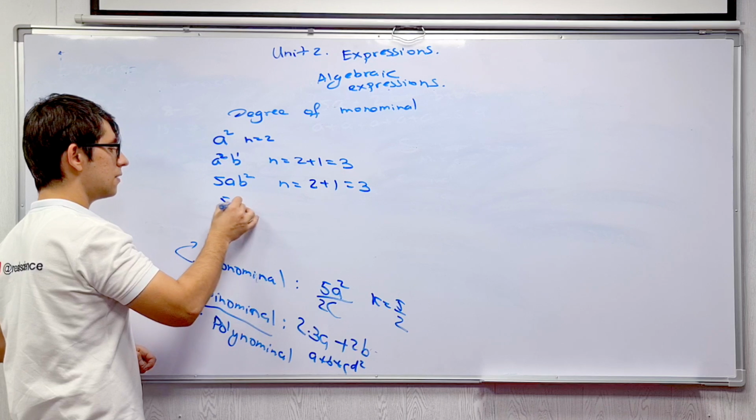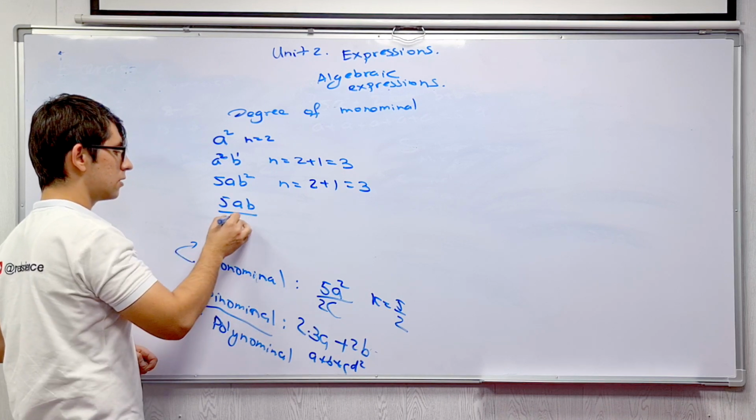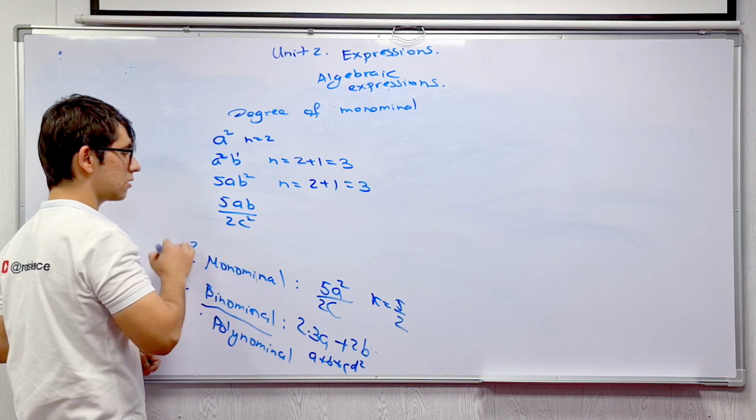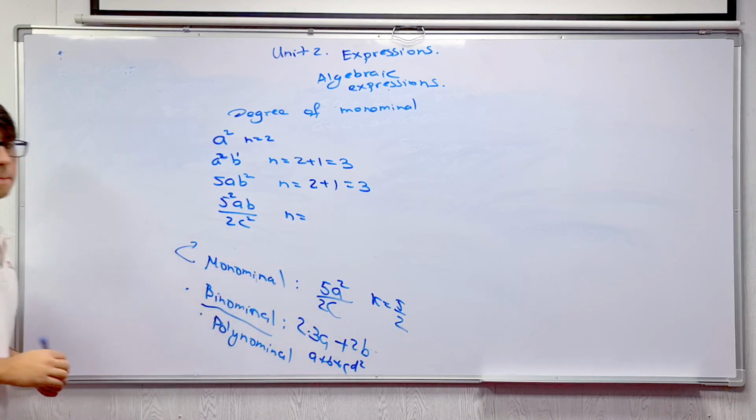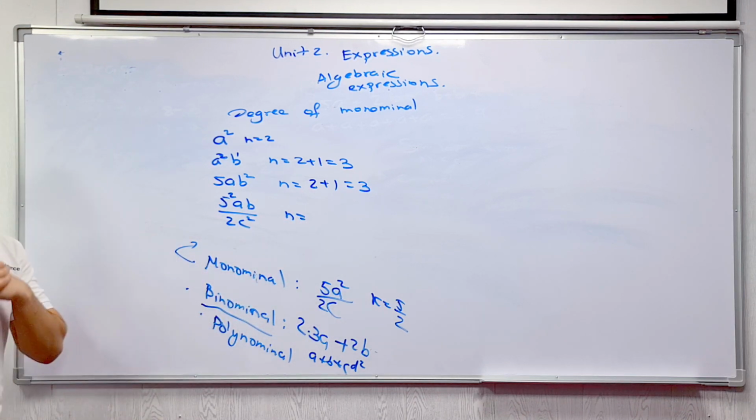Now 5ab over 2c squared. What will your degree be? It is not 6.